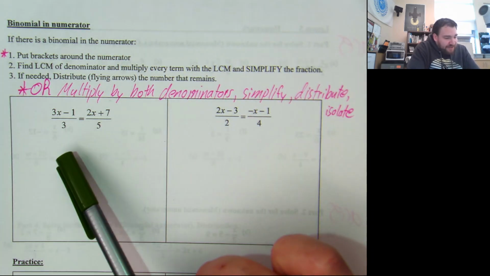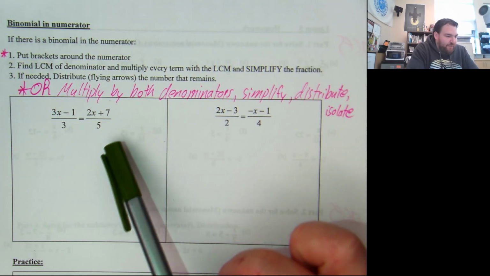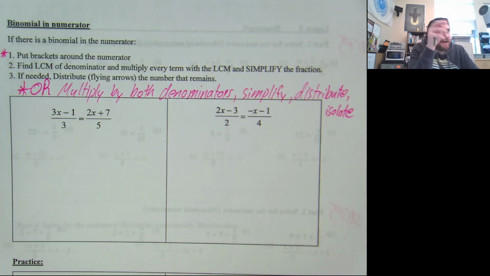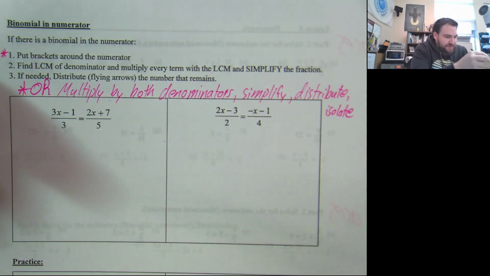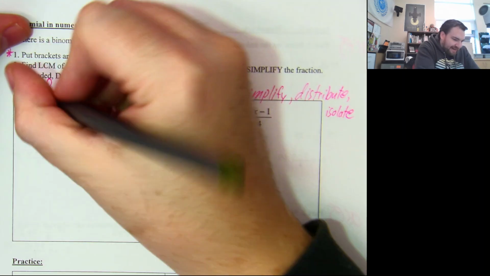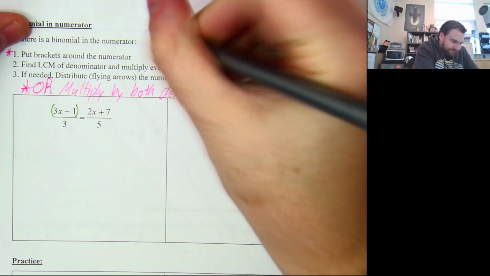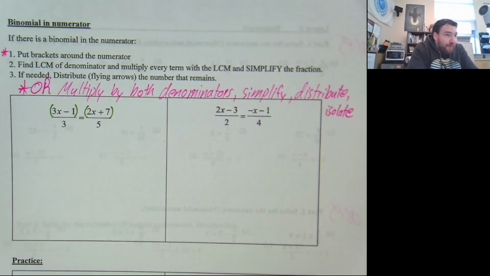So I've got 3x minus 1 over 3 equals 2x plus 7 over 5. When you've got a binomial in the numerator, it's important to recognize two things. The first thing to recognize is that this thing here, that numerator, that binomial, is a single mathematical object.